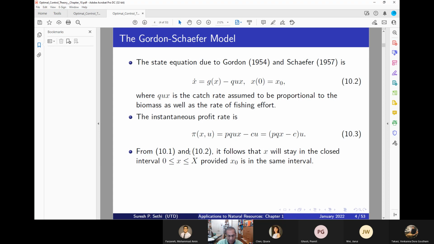But if X is capital X, then this is 0 and that's negative, so X dot can only decrease. So we don't have to specify these constraints, they are coming free to us. So we don't have to do chapter 4, we only have to do chapter 3. And then you're doing Green's theorem anyway.